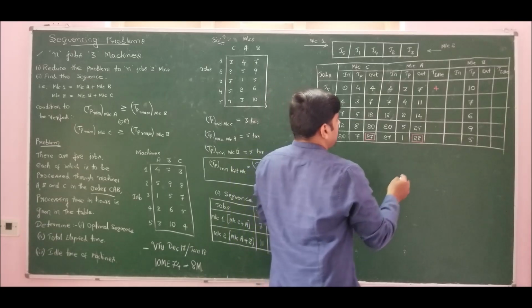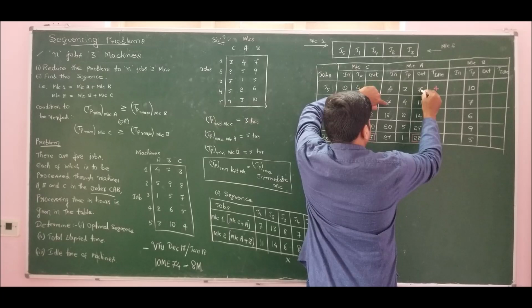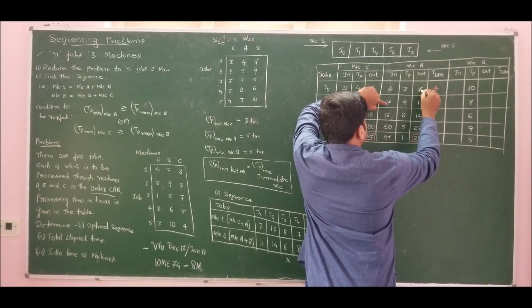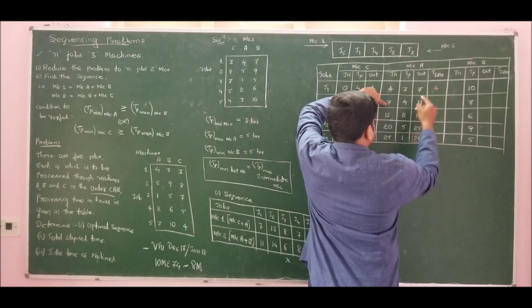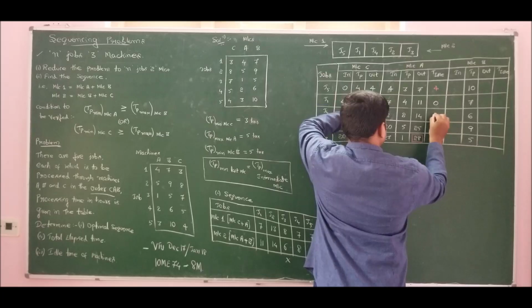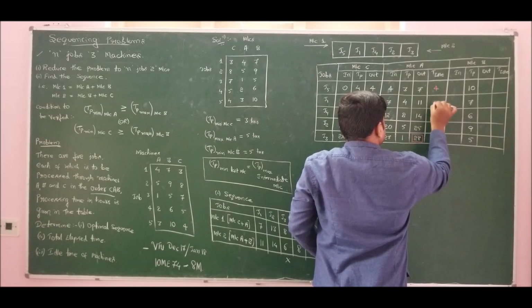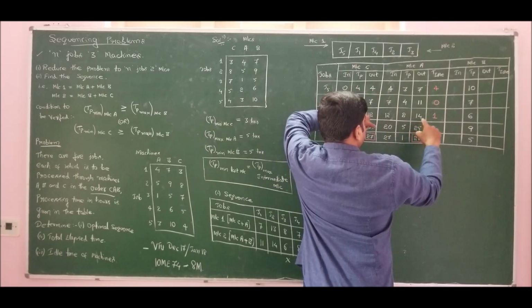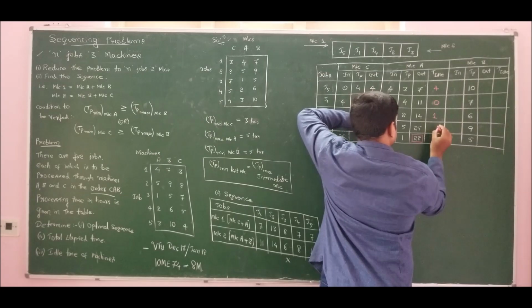Now to find the processing idle time, we have 7 out and 7 in for job 1, that is for the second row. 7 minus 7 is 0. 12 minus 11 is 1. Next we have 20 and 14. 20 minus 14 is 6.